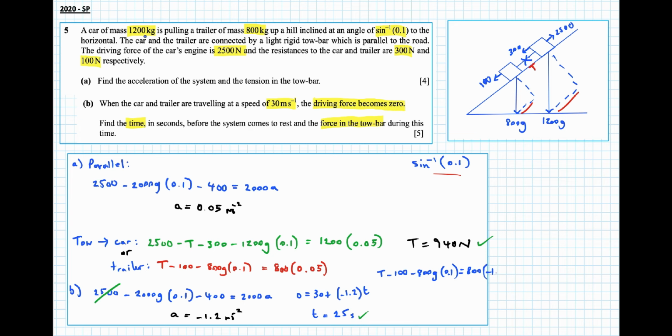That should give us our tension there. It should be negative. Yeah. So T is equal to minus 60 N. Minus 60 newtons.